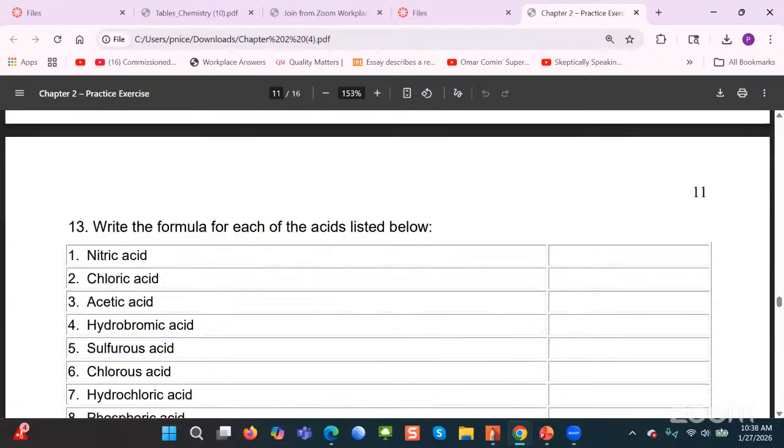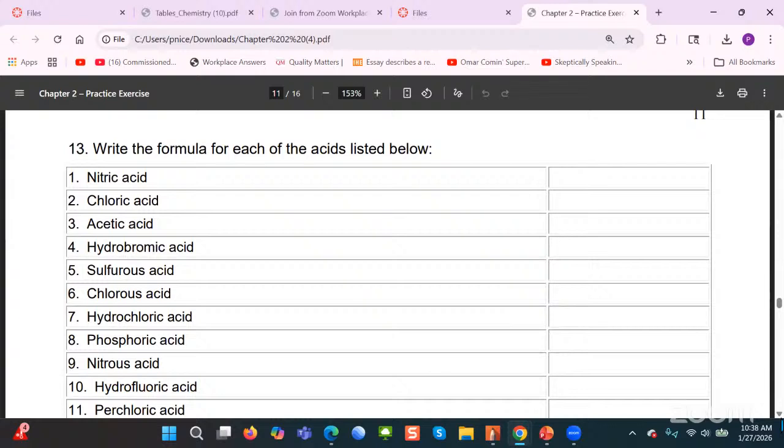Now, when it comes to naming acids, this one is a bit involved, but basically you can name the acid based on the corresponding anion, right? And let me just go through this quickly. I'm quite sure I covered it extensively in the videos, but basically if the ion name ends with ATE, for example, NO3 minus, this is called a nitrate ion.